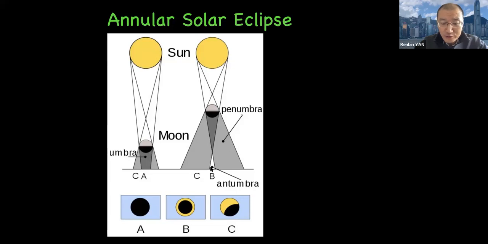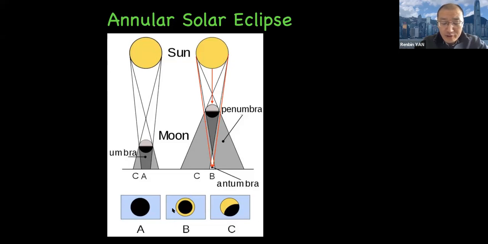But what happens right in the middle of this penumbra ring? At those places, the light from the center part of the solar disk cannot reach this location on the ground, right? But the sunlight from the edges of the sun can still reach it.